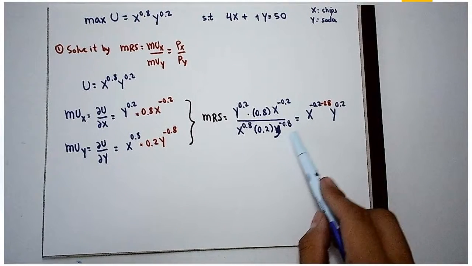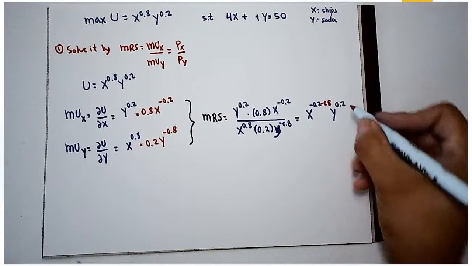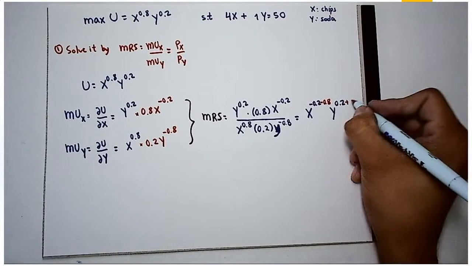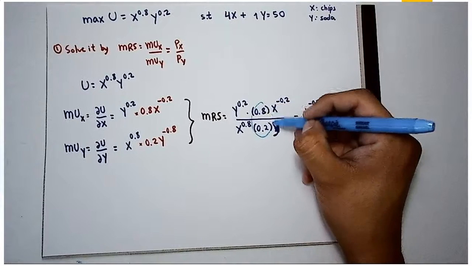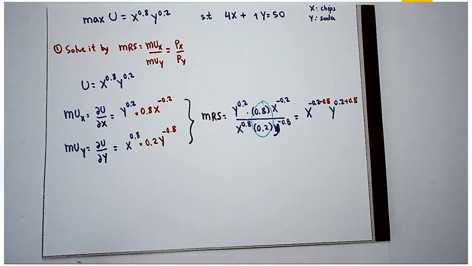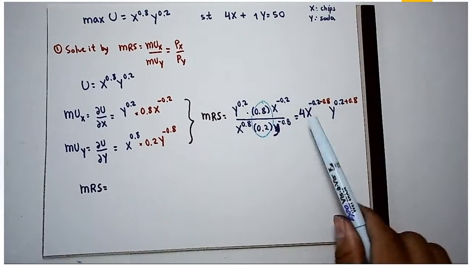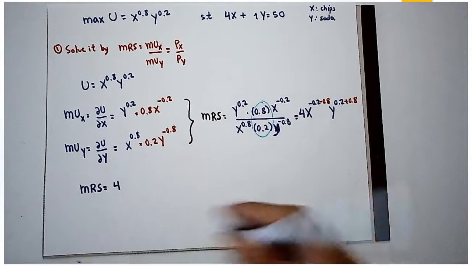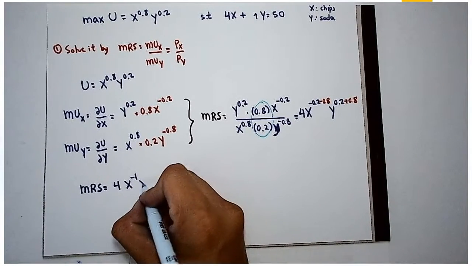Again, we can move the y that is in the denominator by changing the sign, which is plus 0.8. And now, notice here that 0.8 divided by 0.2 is 4. In other words, this is our marginal rate of substitution. This is 4, and this is x to the minus 1 y.